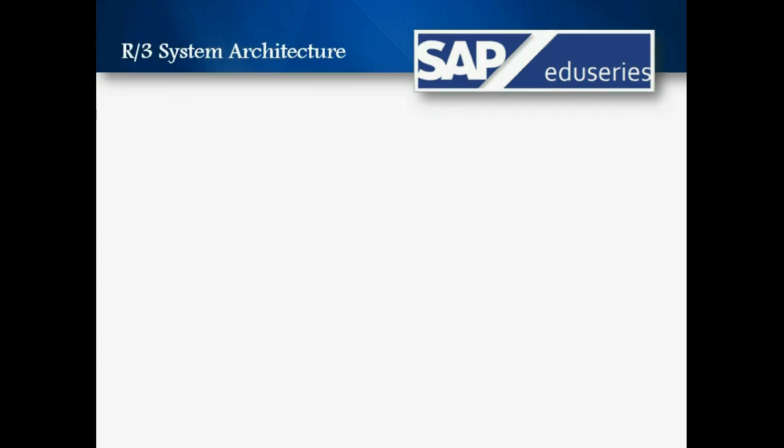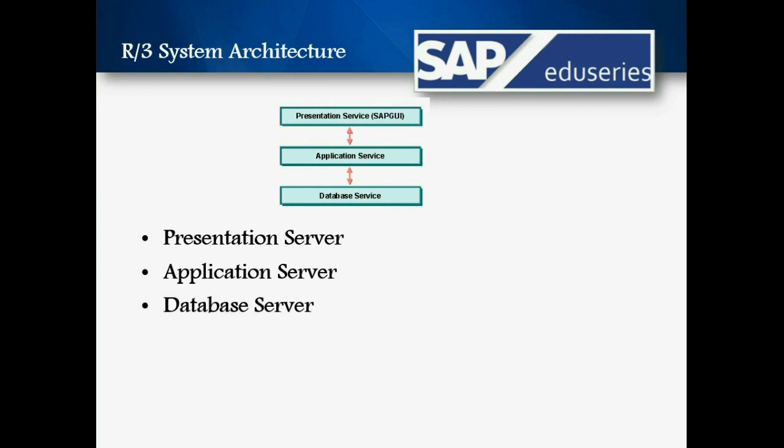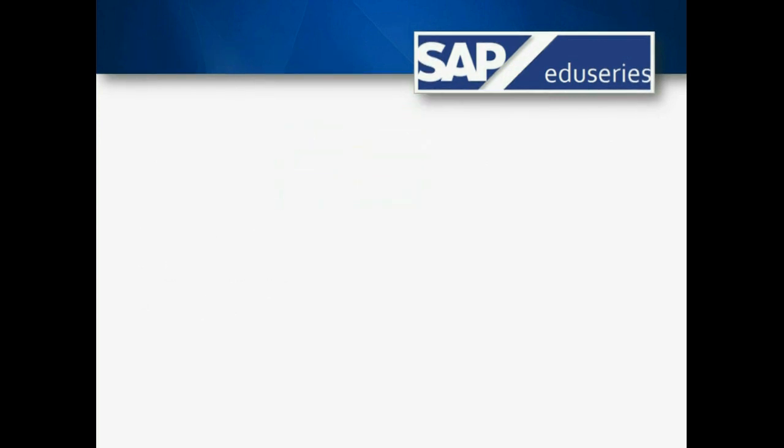R3 system architecture. In this you can see 3 layers of R3 system: presentation server, application server, database server. Presentation server.